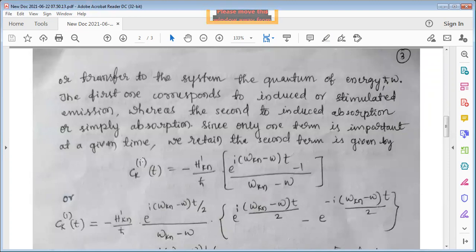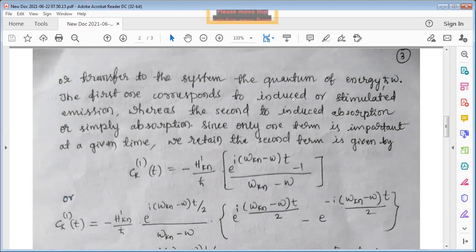This indicates that you are already in the first excited state, and the atoms will not come down immediately to the ground state with a normal lifetime of 10 to the power minus 8 seconds.